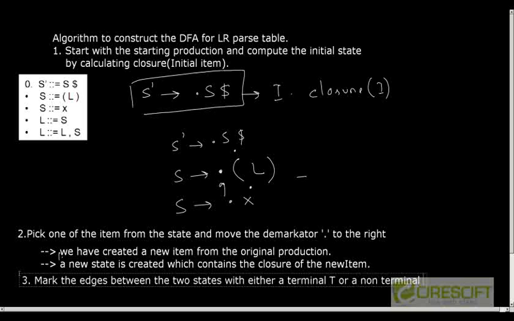Whatever the grammar symbol in the given production is, on consuming that grammar symbol, whether it is a terminal or a non-terminal X, we mark the edge with that symbol.